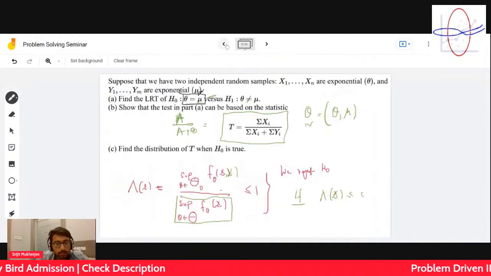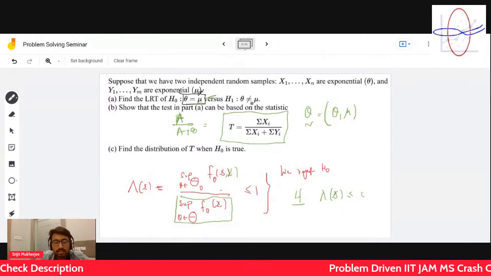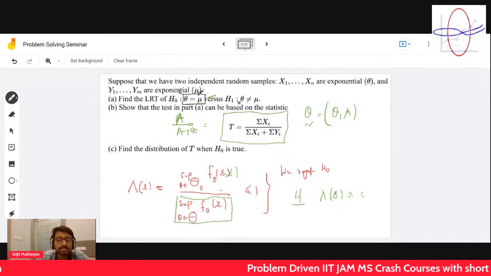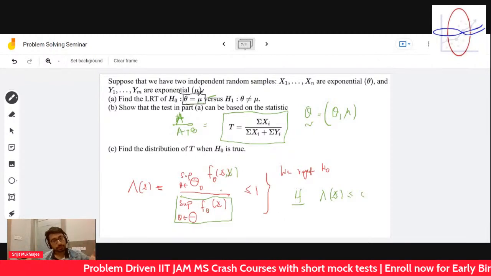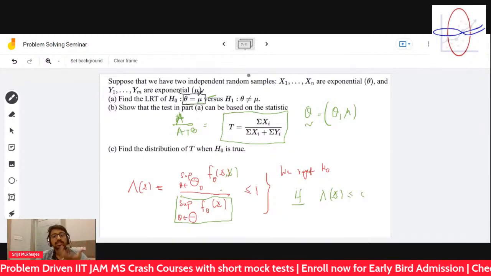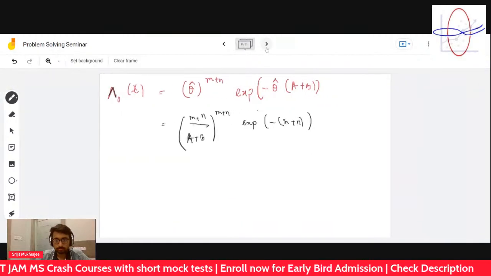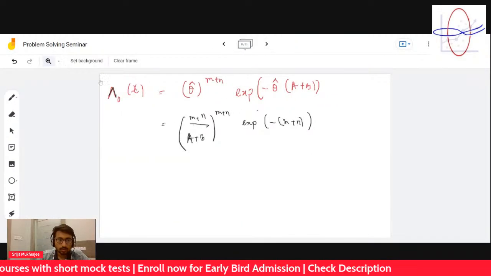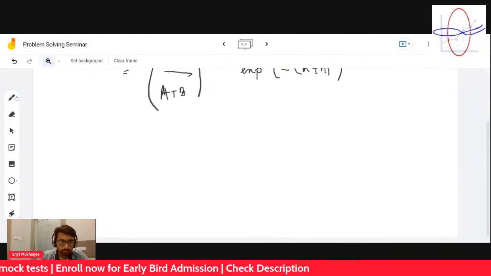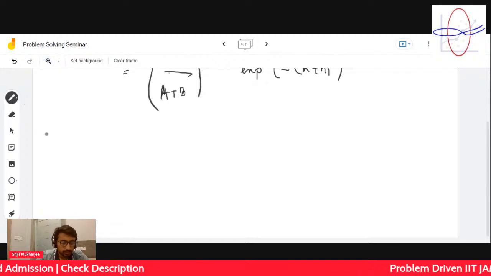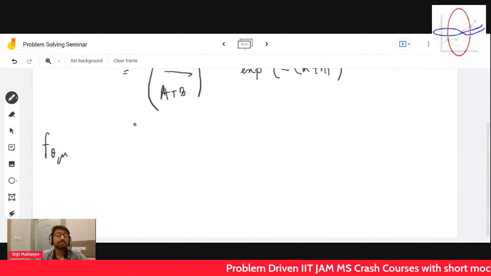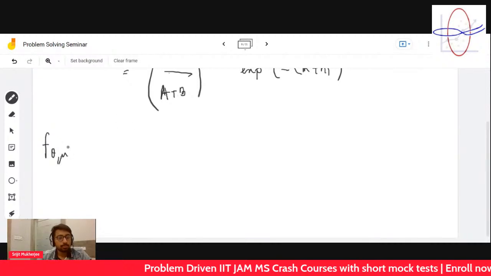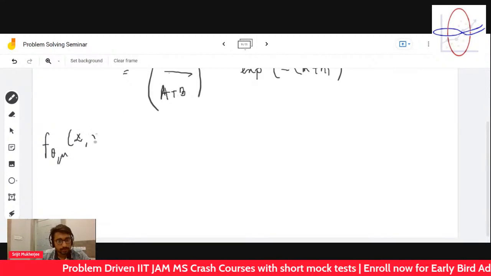The lower one, you can observe, is where theta is not equal to mu, and it's actually over all the space. So we need to maximize with theta and mu both. Now, let's write down the whole likelihood once again, with respect to theta and mu both, over the whole parameter space.